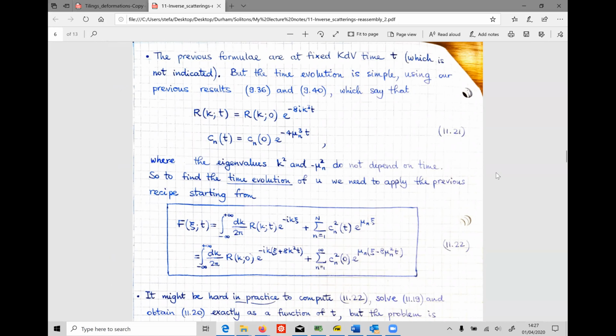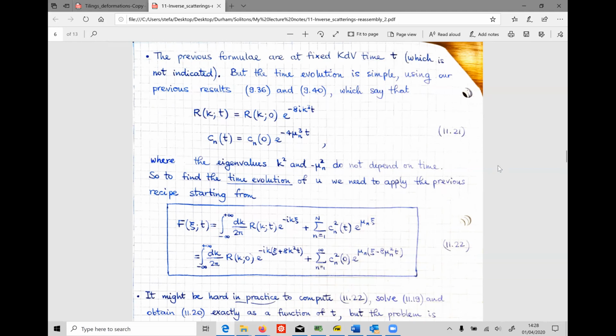In particular, when we look at the asymptotics of the eigenfunctions as x goes to minus infinity, we have to worry about the reflection coefficient and the coefficient Cn. In addition, there are the eigenvalues mu n, but those do not change with time because of the Lax equation. Their time dependence, which we computed in a previous lecture, is given in equation 11.21.